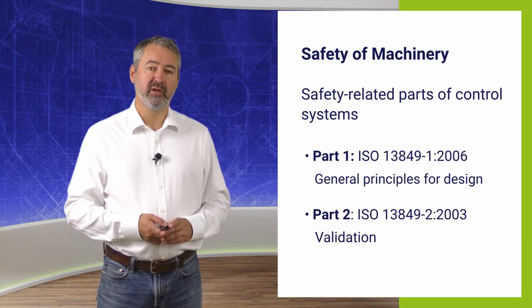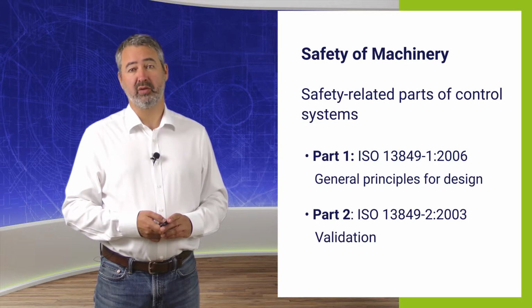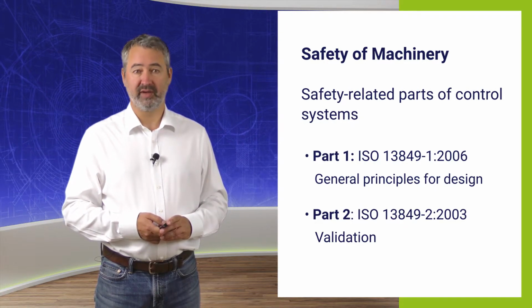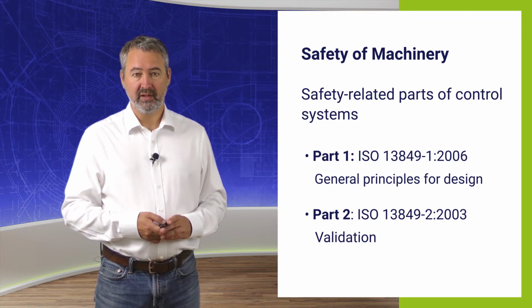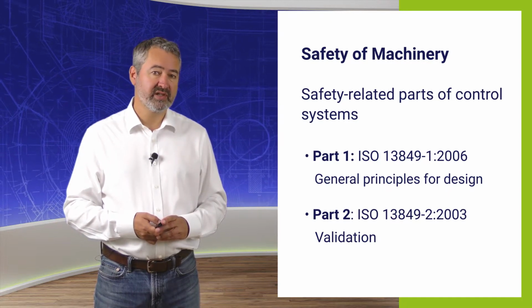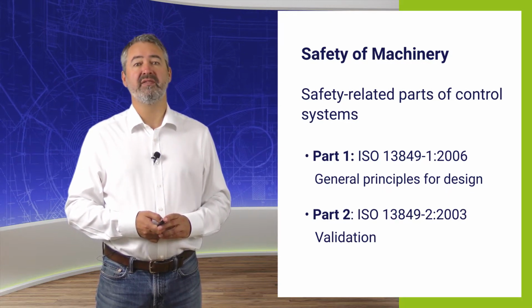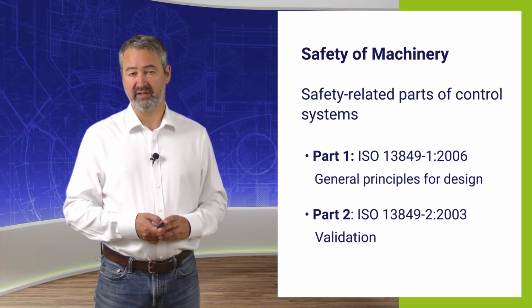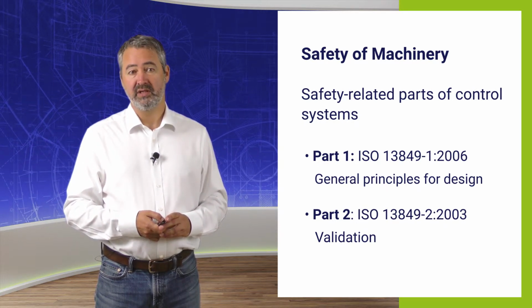For more information about performance level, please take a look at our tutorial series on functional safety. There we describe the design of safety-related parts of control systems, determination and the validation of the performance level in detail. So, that's it for today.